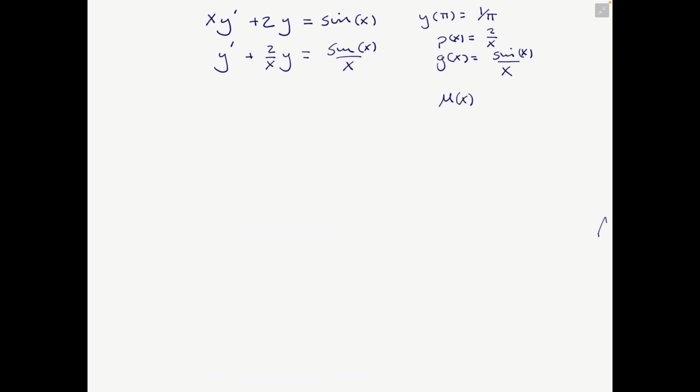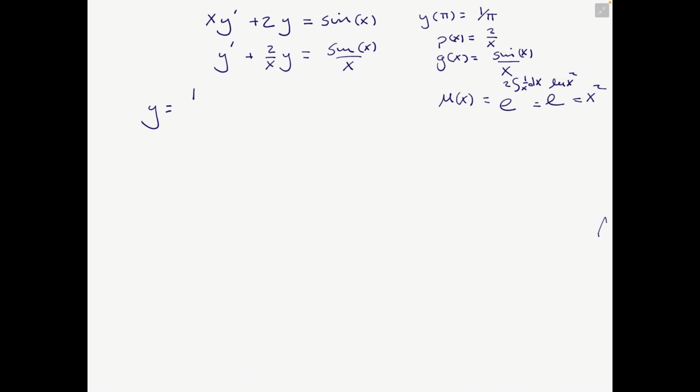Mu of x, if you don't gather by now, is x squared. e to the integral of 2 on x dx is equal to e to the ln x squared, which equals x squared.